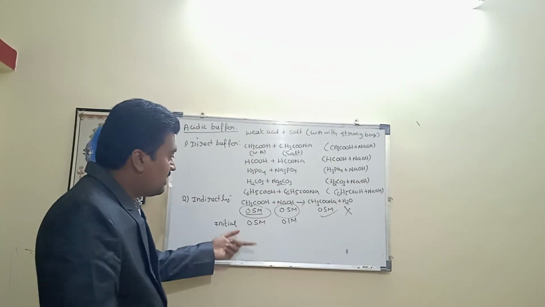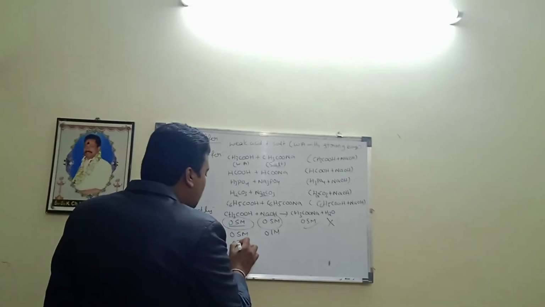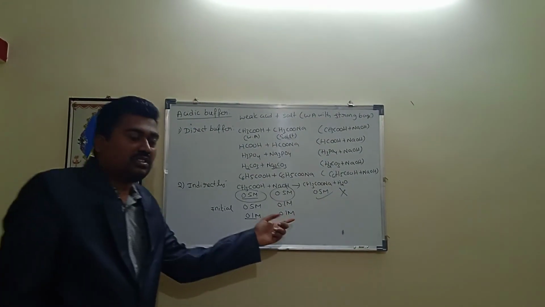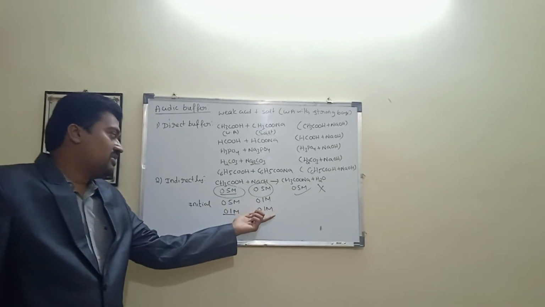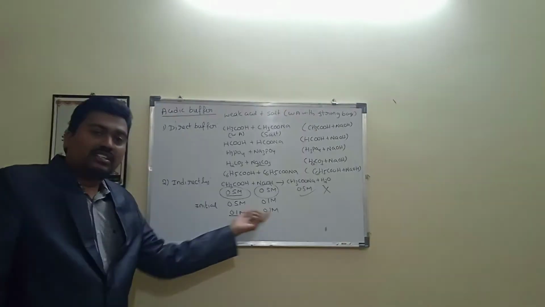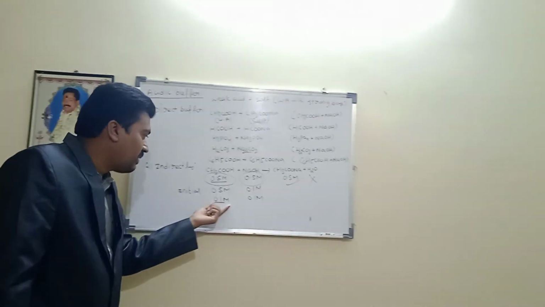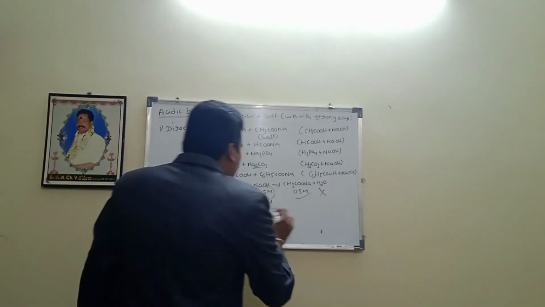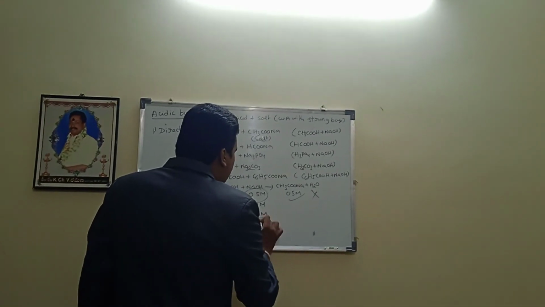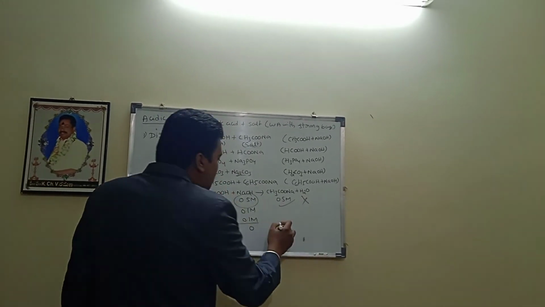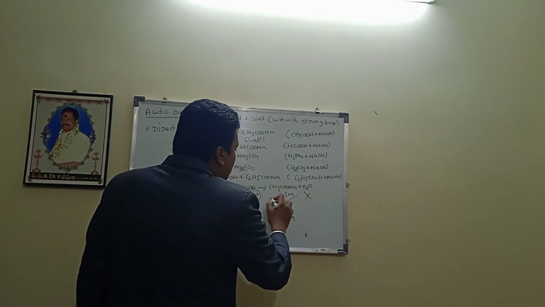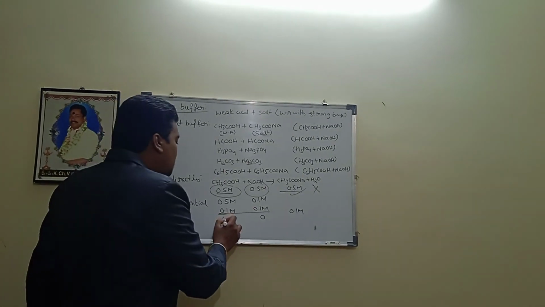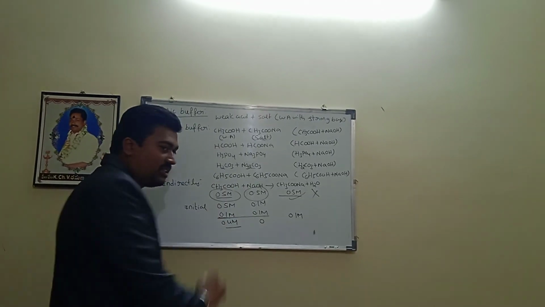As the reaction goes on, only 0.1 M acetic acid reacts with 0.1 M NaOH, because in a chemical equation the same equivalents of reactants combine. After the reaction, the NaOH concentration is 0 and 0.1 M CH3COONa is produced. Then what about the acetic acid? Still 0.4 M acetic acid remains.